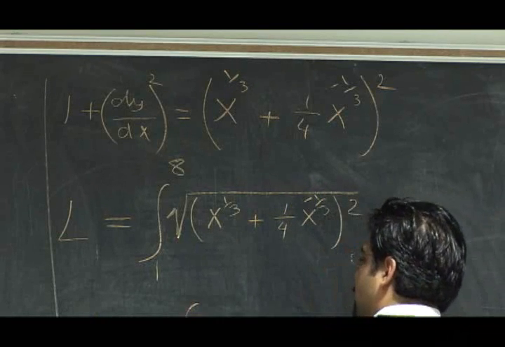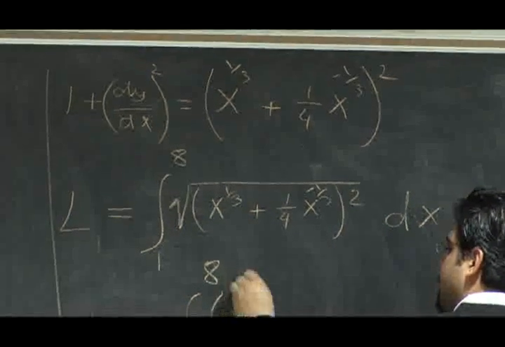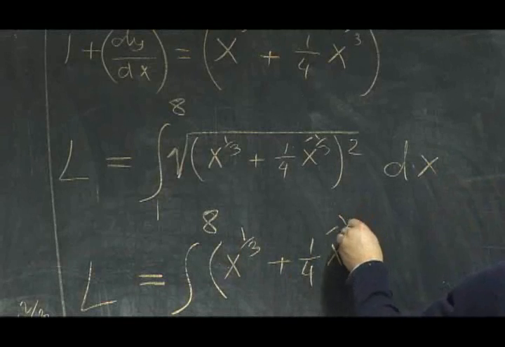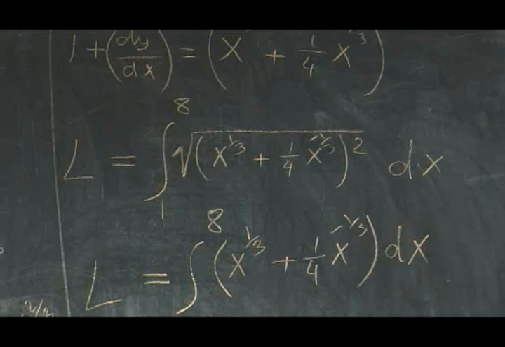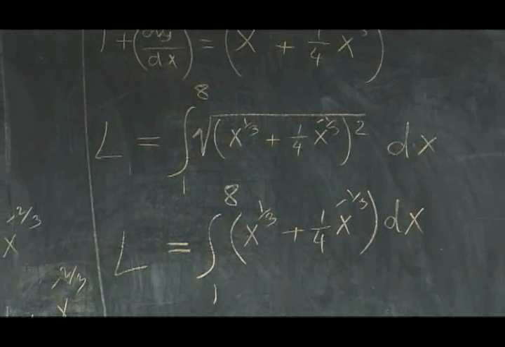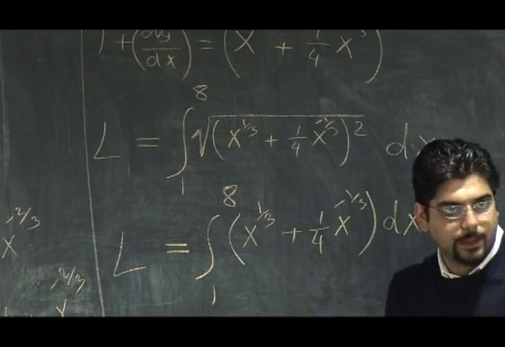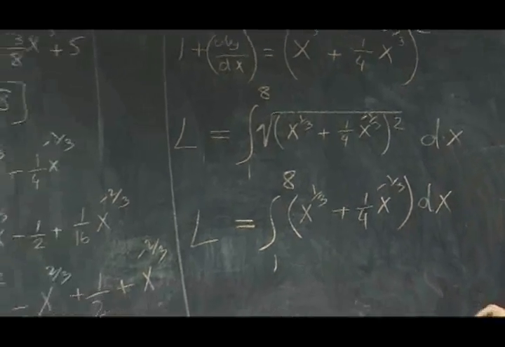And that gives us the integral from 1 to 8 of x to the 1/3 plus 1/4 x to the minus 1/3 dx. Now that's not hard to integrate. So you see where this could get a little tricky. Yeah? Alright.